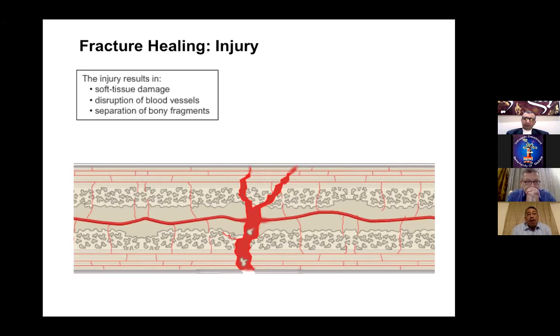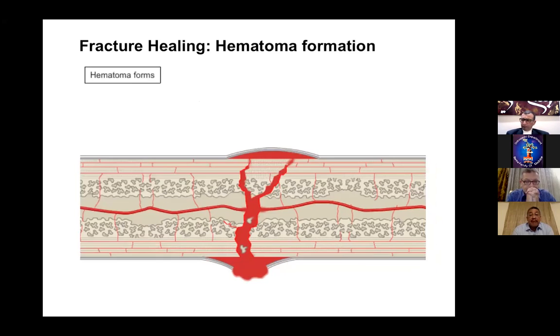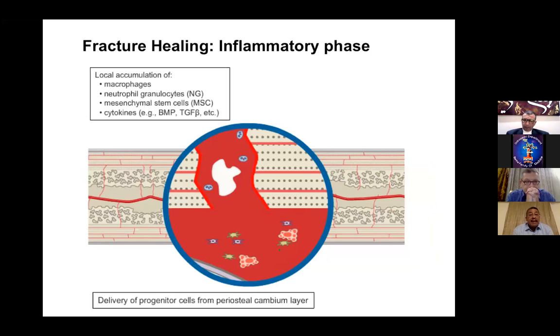There is always soft tissue damage around the fracture, the disruption of blood vessels, and separation of bone fragments. The hematoma forms, and this will initiate the inflammatory phase.